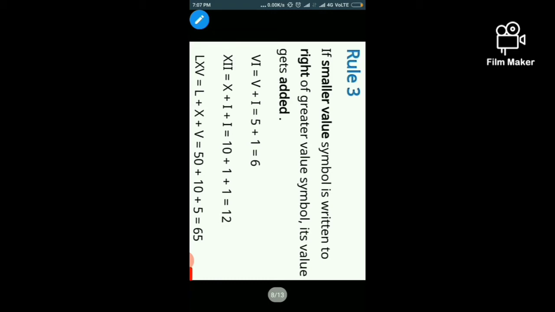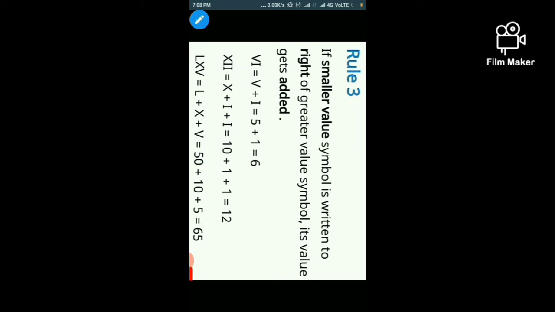Rule 3: if a smaller value symbol is written to the right of a greater value symbol, its value gets added. If any smaller value symbol is written to the right hand side of a greater value symbol, then its value will be added. Here you can see VI. I is a smaller value symbol, V is a greater value symbol.